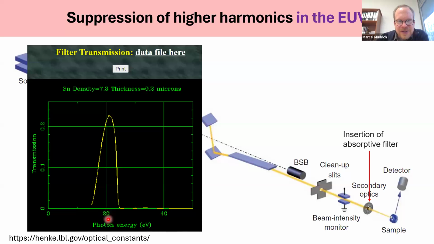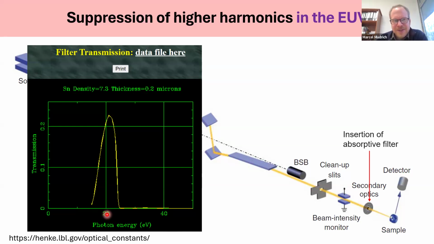But the point is that the second and third harmonics, 40 eV and 60 eV, are completely suppressed. So this is a very nice bandpass filter to transmit only 20 eV photons and suppress all the rest. This we have been using extensively during our beam times.